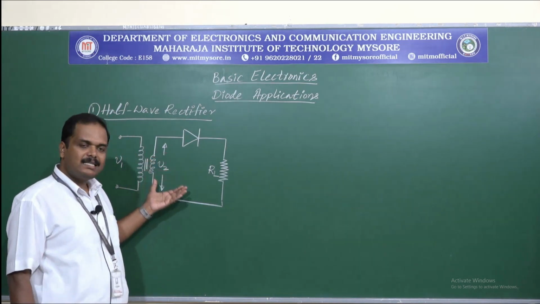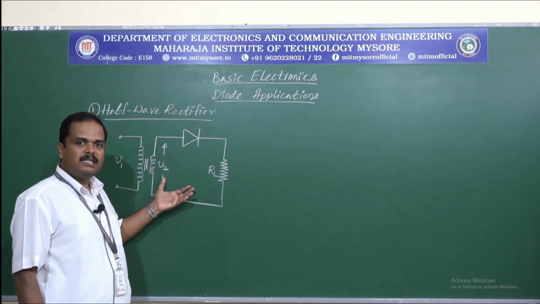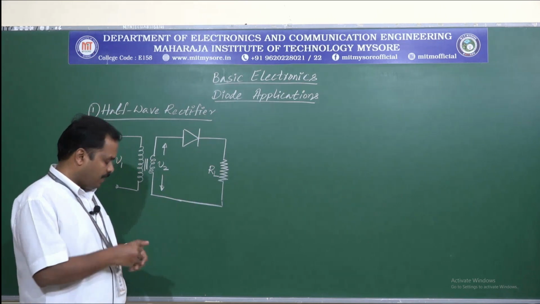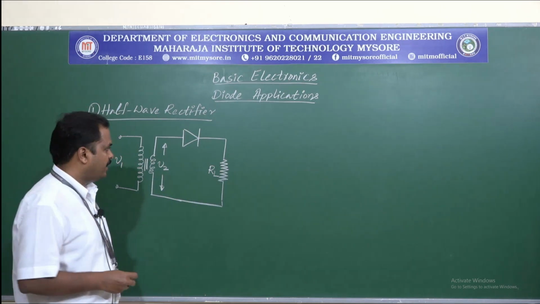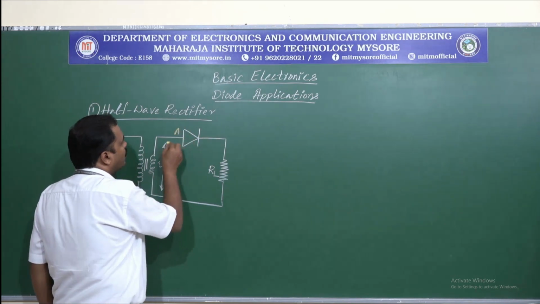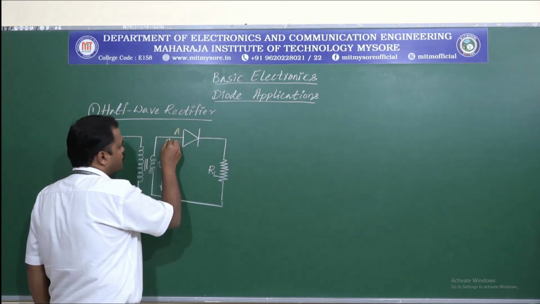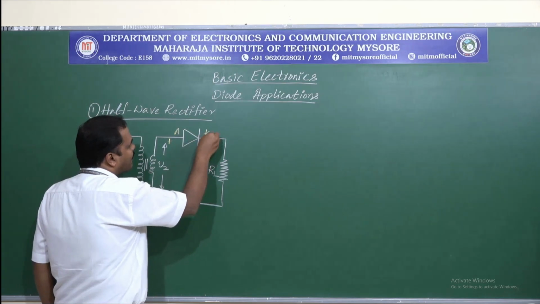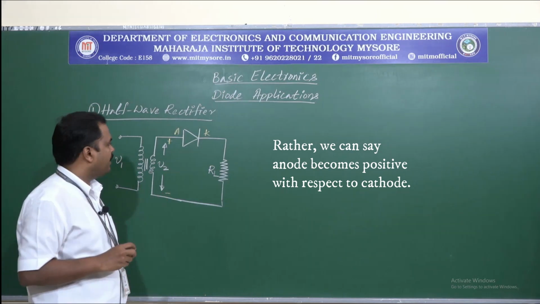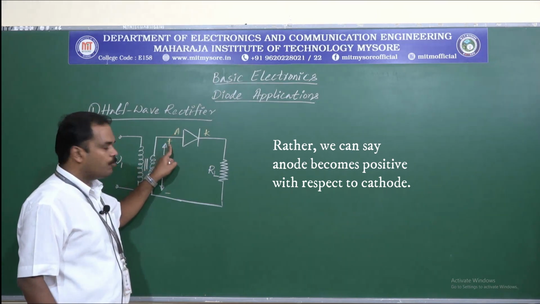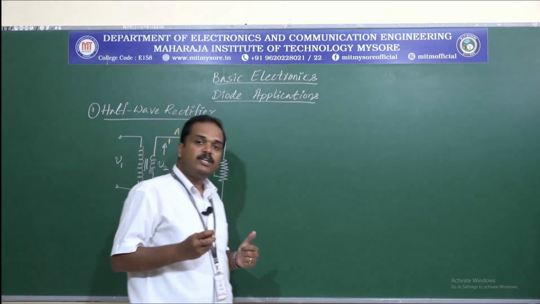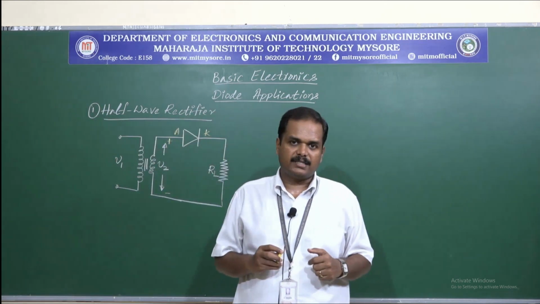Now, let us understand the operation of this considering positive half cycle and negative half cycle individually. Now, considering positive half cycle, what we have is the diode's anode will be getting positive potential, whereas the cathode terminal will get the negative potential of the supply. So, because anode is connected to positive and cathode is connected to negative potential, the diode is said to be forward biased.